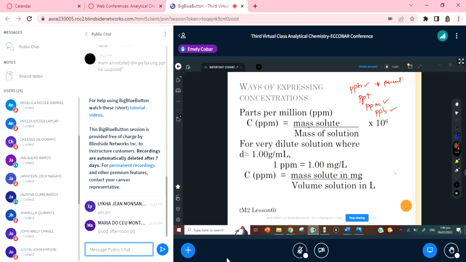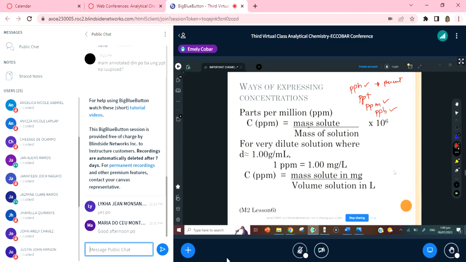Okay? So kapag ang unit mo is milligrams of solute per liter of the solution, then ang concentration nun in ppm is, kung 1 milligram lang, 1 ppm. Okay, yun ang ibig sabihin.